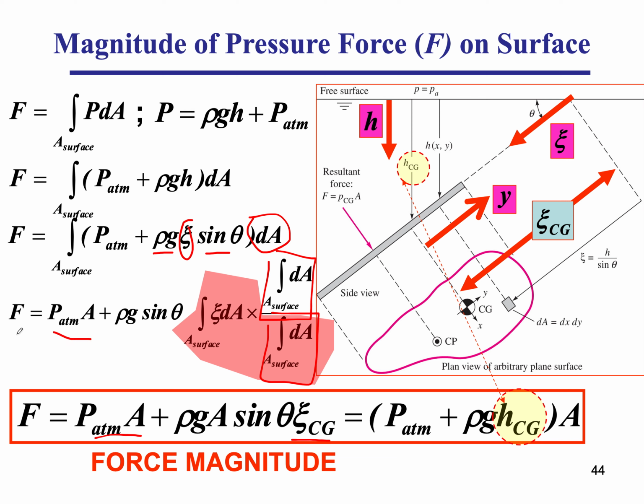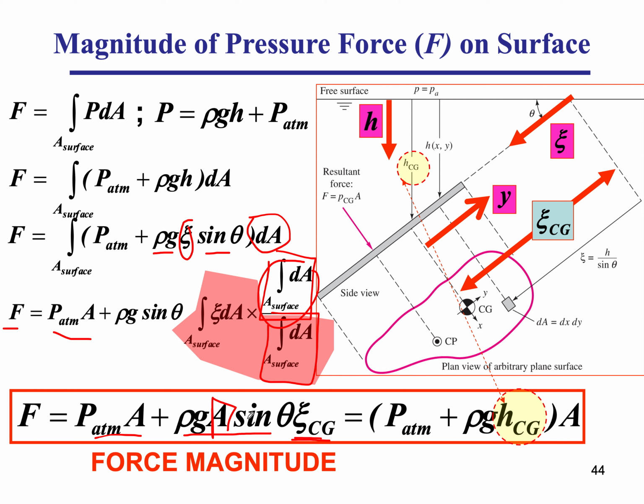So your net force is the P atmosphere times the area enclosed in the pink region. And you have ρg sine theta, which is a constant. And then you have this area that we multiplied with, and the zeta cg is just the highlighted term. So that's what you get.